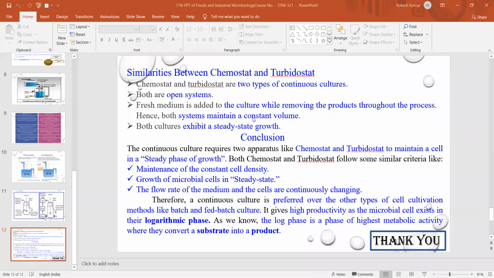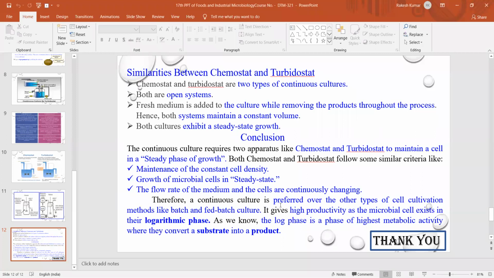So it is very important: whatever information you are getting from inside the chamber, accordingly you have to change the feeding material, the quantity of feeding material. In the case of turbidostat, whatever information you are getting, you have to change the feeding according to that information.